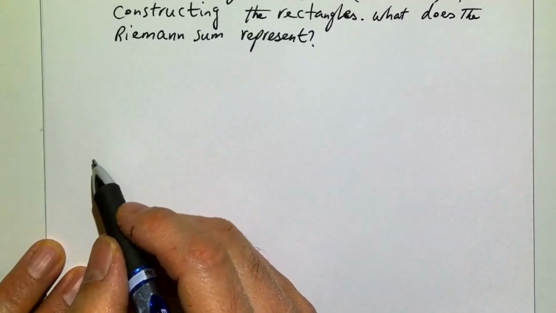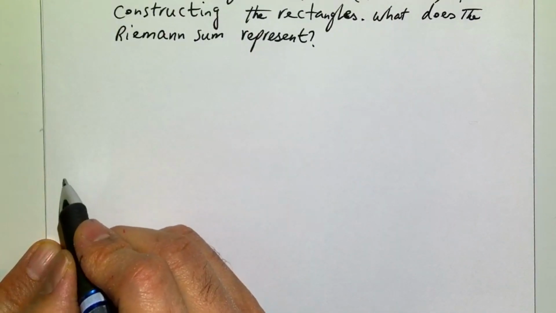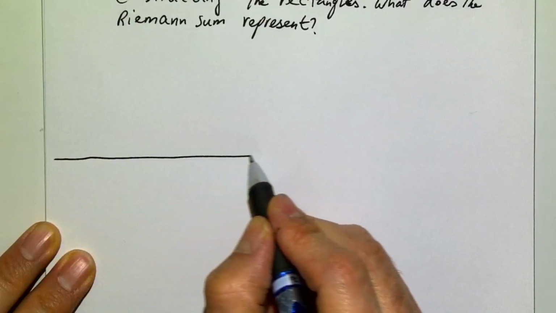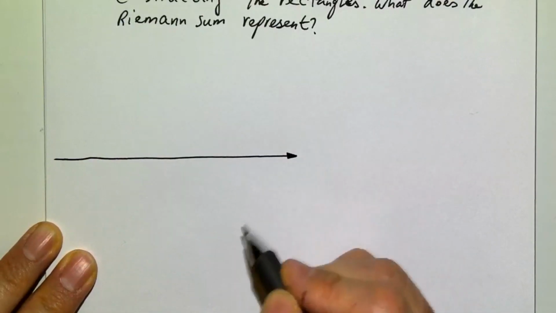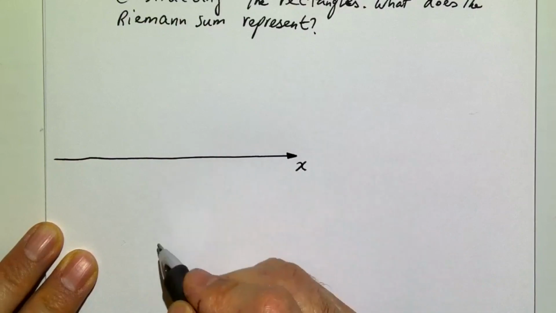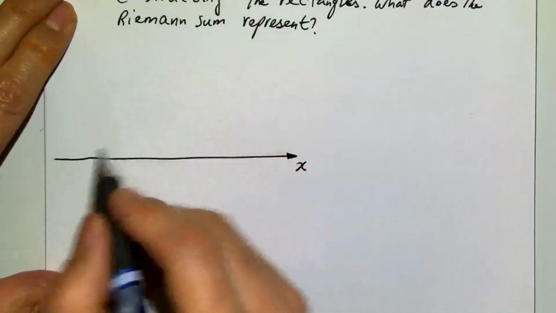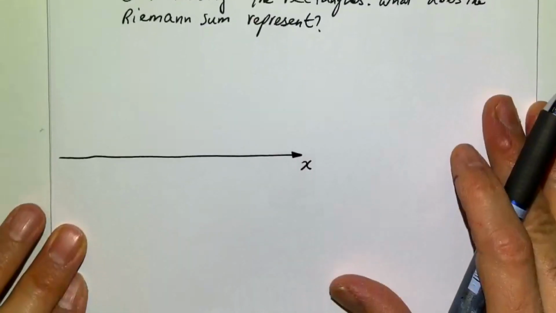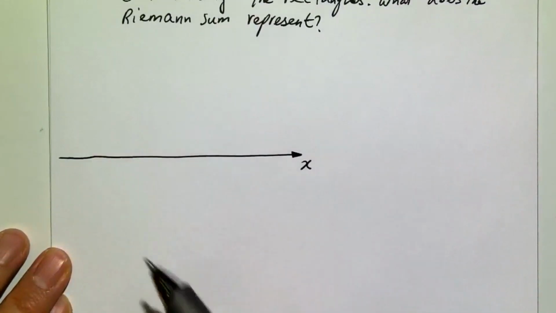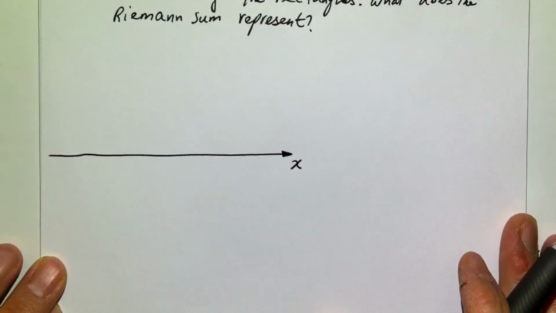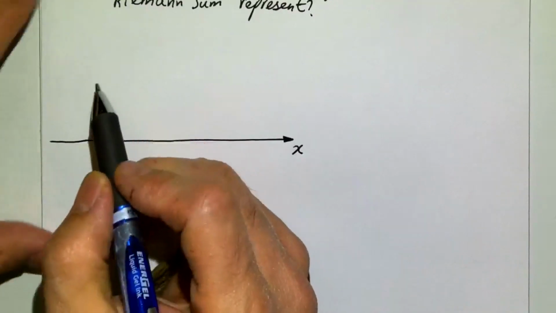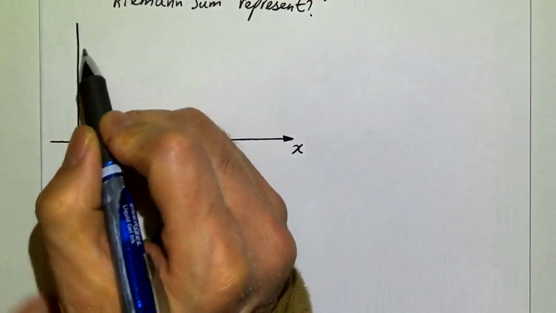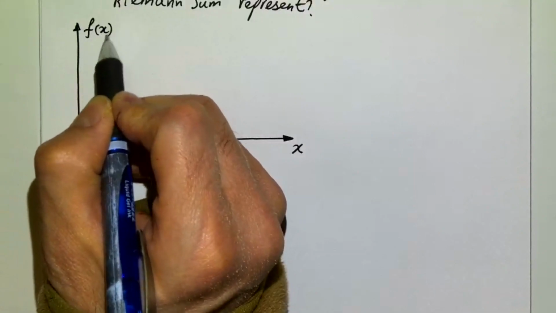Let me draw a picture here. Let's call this x, and then f of x, and this is from 0 to 3. I'm going to dedicate most of this blank space to the positive because we have none of the area on the negative side going from 0 to 3. This is f of x, or y.